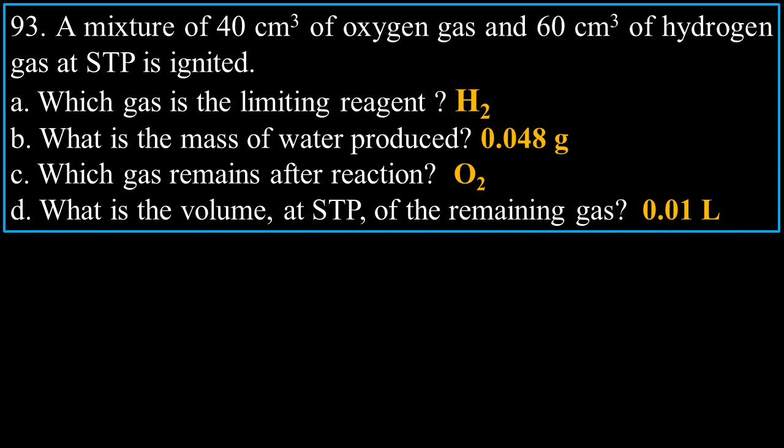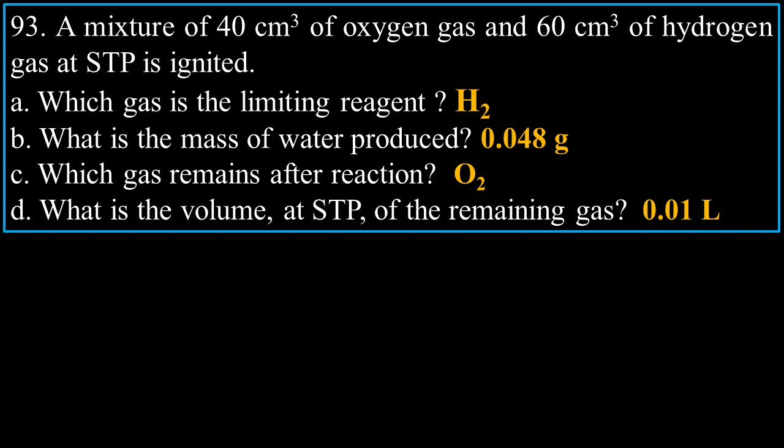If we used all the oxygen, 40 cubic centimeters, we would have needed twice that because the mole ratio of hydrogen to oxygen is 2 to 1. But we don't have 80 cubic centimeters of hydrogen, we only have 60. So the hydrogen must have been the limiting reagent, and we converted that to a mass, and then we found the mass-mass relationship, and we found the mass of the water, which was 0.048 grams.